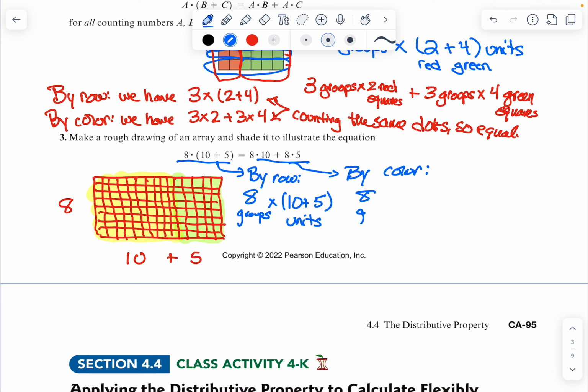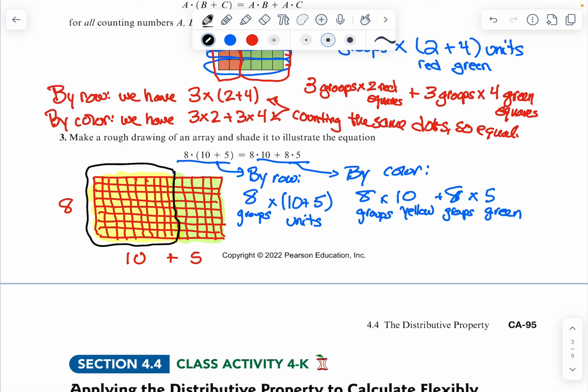I have 8 groups times 10 yellow squares plus 8 groups times 5 green squares. Right, that's where I do this bigger chunking of the yellow squares and the green squares. And again, we know since these are just 2 ways of counting the same thing, they must be equal.